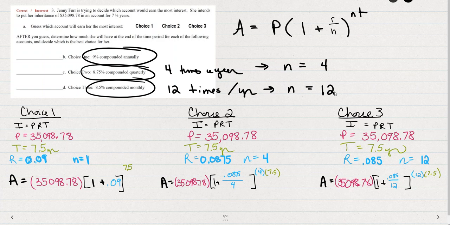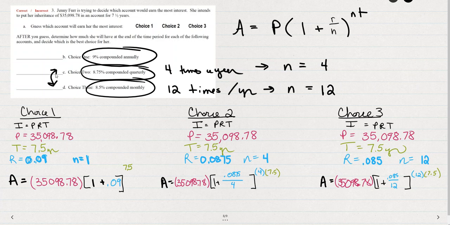What we're going to have to see is how much that drop in the interest rate matters. So for parts C and D, we're losing 1/4 of a percent on the interest rate, but we're getting that interest added into the account more often.